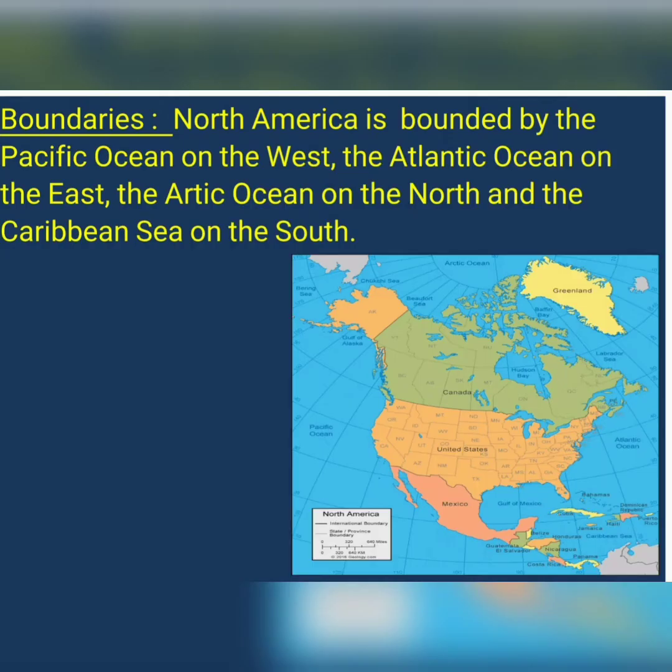North America is bounded by the Pacific Ocean on the west, the Atlantic Ocean on the east, the Arctic Ocean on the north, and the Caribbean Sea on the south.